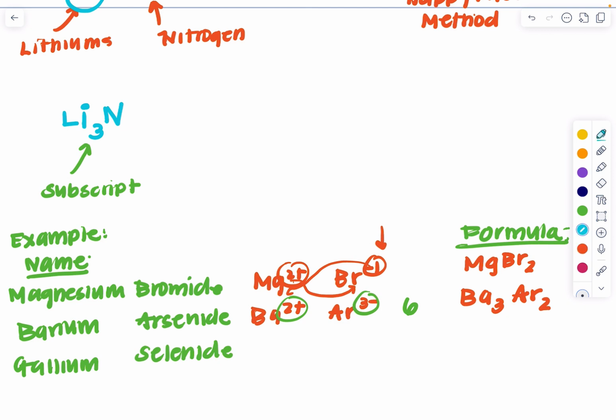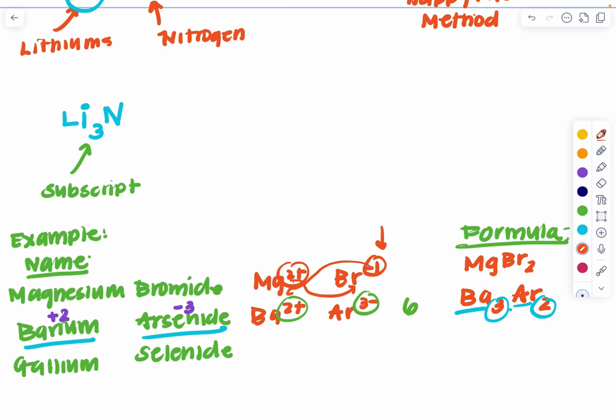Notice here that even though it's Ba3As2, it's still barium arsenide. We don't have to include any of the numbers in the name, because the name already suggests that barium's +2, arsenide's -3. So the only correct formula would be to balance that out. So Ba3As2.